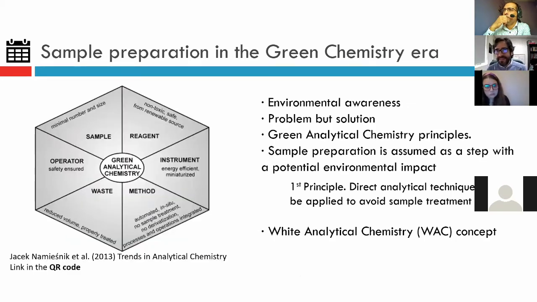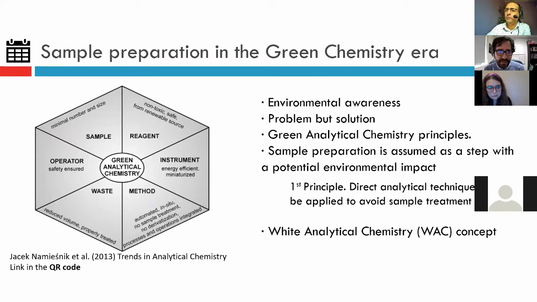The second thing is interesting because we are in the green chemistry era, so we are aware of the impact our activities have on the environment. We know that chemistry, our discipline, has a double role in this field.